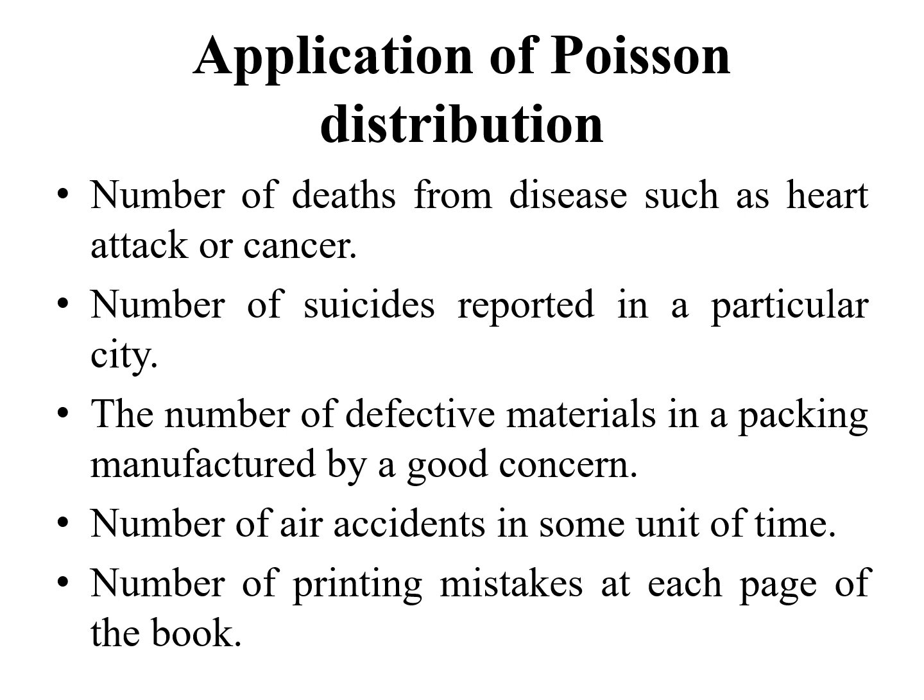The next one, the number of defective materials in a packing manufactured by a good concern. It is a very important application of Poisson distribution in quality control. Everybody knows about quality. Quality means fitness for use. That quality can be checked by the Poisson application.